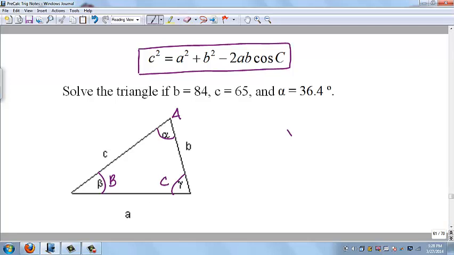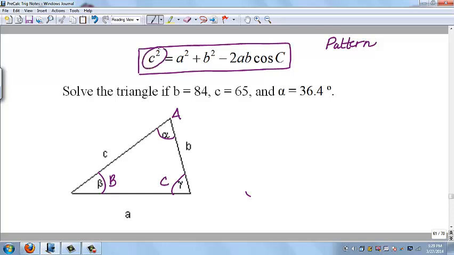Now the pattern for the law of cosines is c squared equals a squared plus b squared minus 2ab cosine C. It looks almost like the Pythagorean theorem, but there's more added to it. The pattern can also be written in the following ways. Usually what you put on the left is what you're looking to solve.